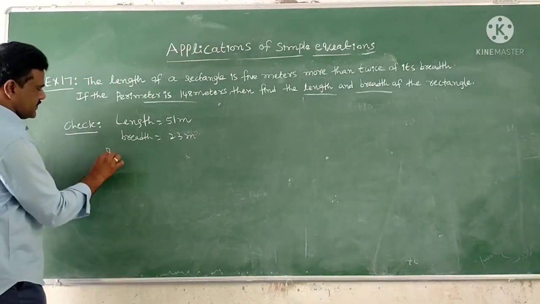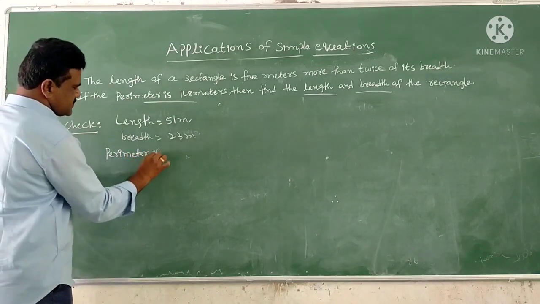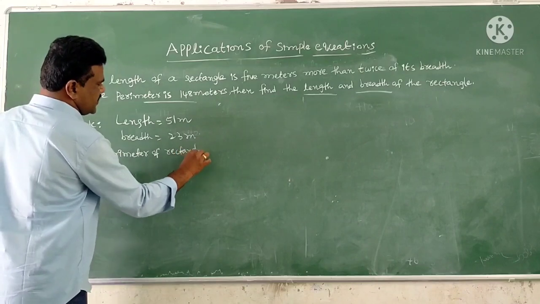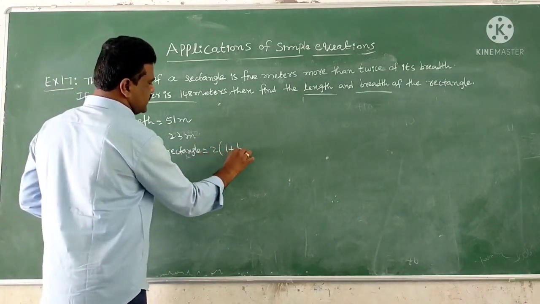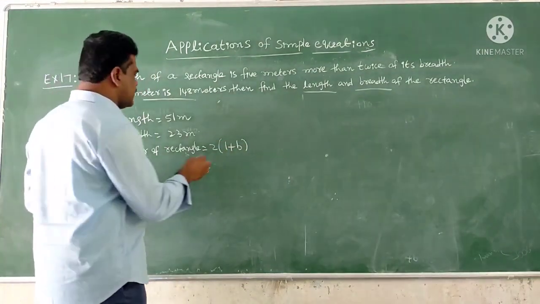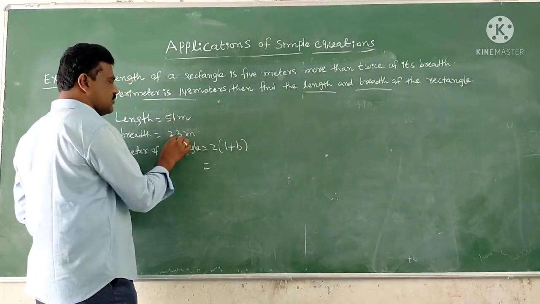Perimeter of the rectangle. What is the perimeter of a rectangle? 2 into (L plus B). Yes. Substitute L is equal to 51 meters, breadth is equal to 23 meters.